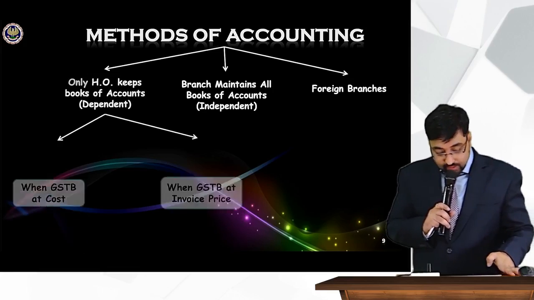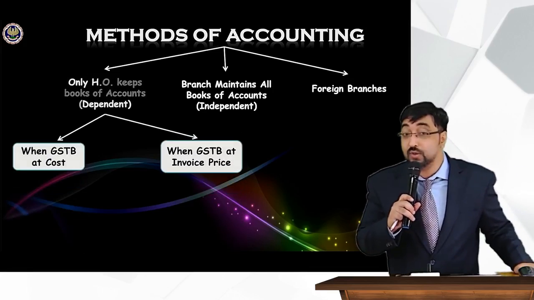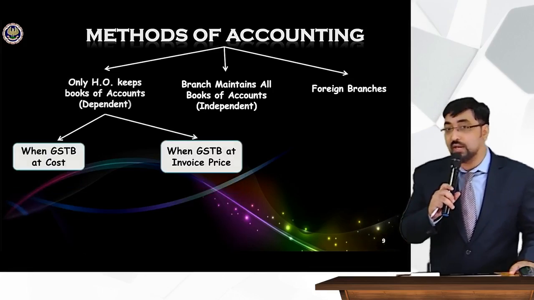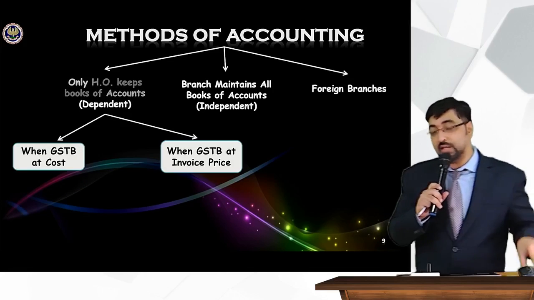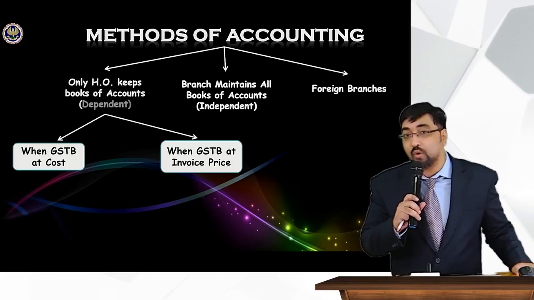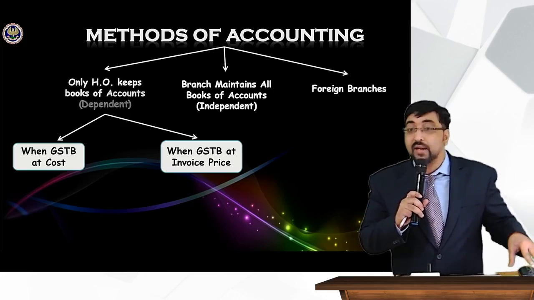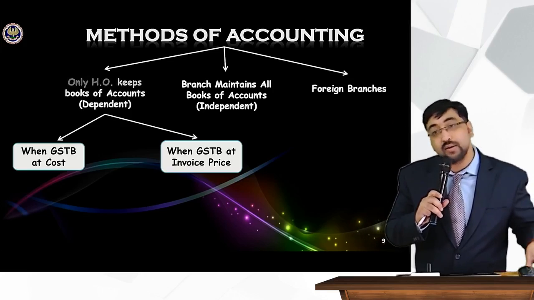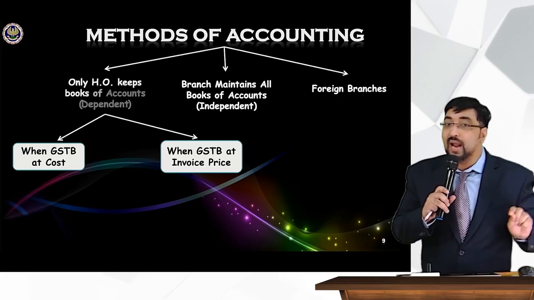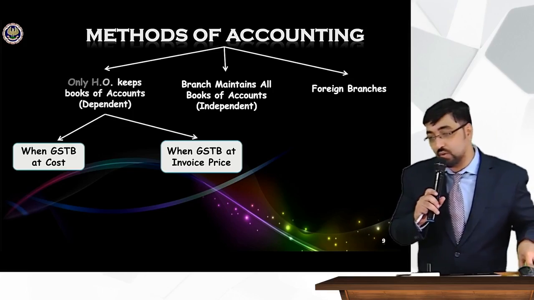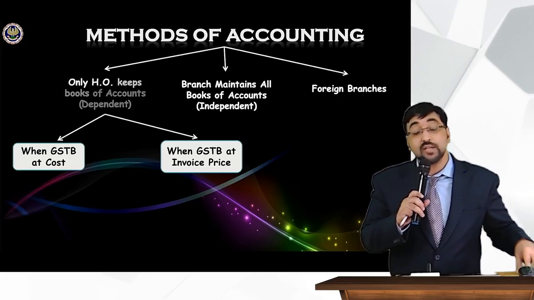In this, we have two parts: when goods are sent to the branch at cost and when goods are sent to the branch at invoice price. What is the basic difference between at cost and at invoice price? Suppose goods of rupees 100 are remitted to the branch at 100 only by HO; in that case, goods are sent to the branch at cost. But what is goods sent to the branch at invoice price?